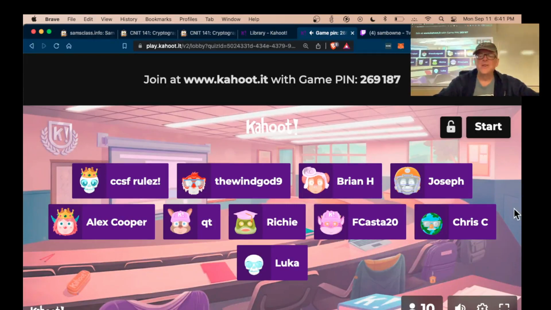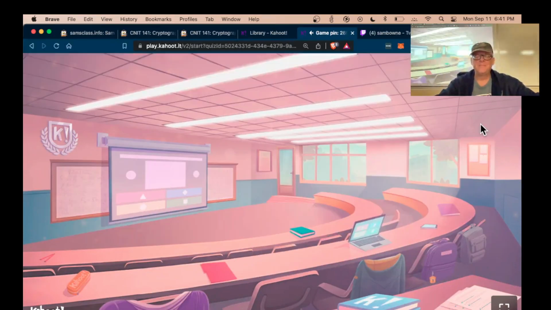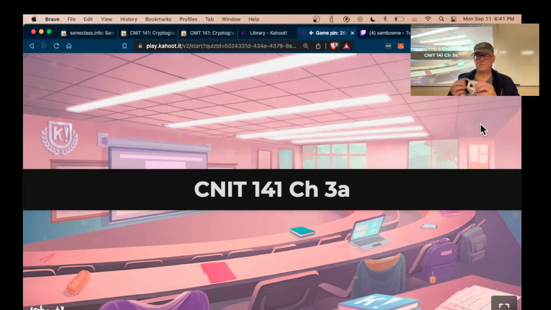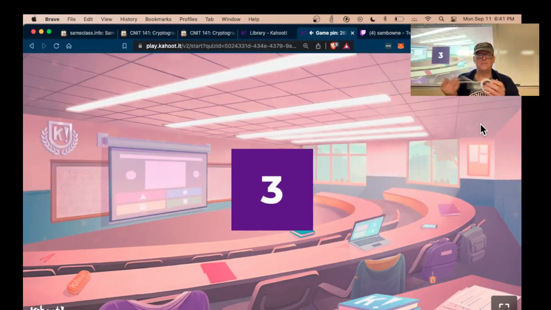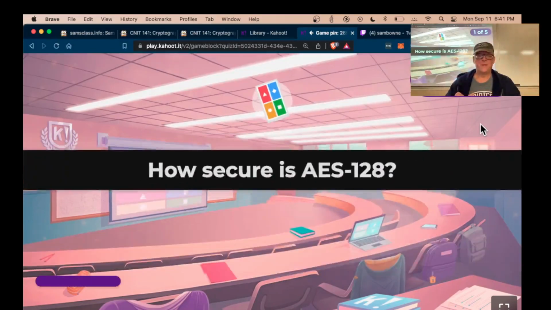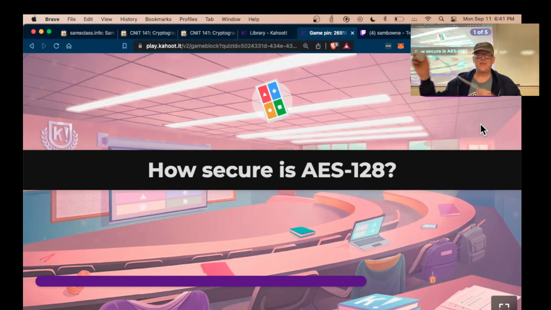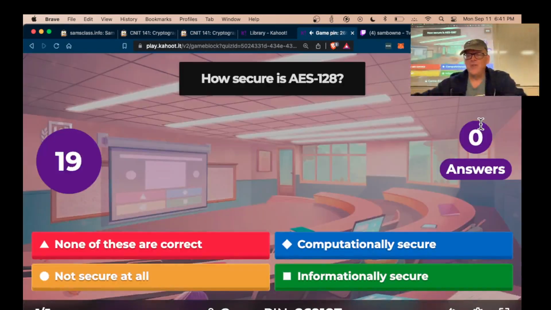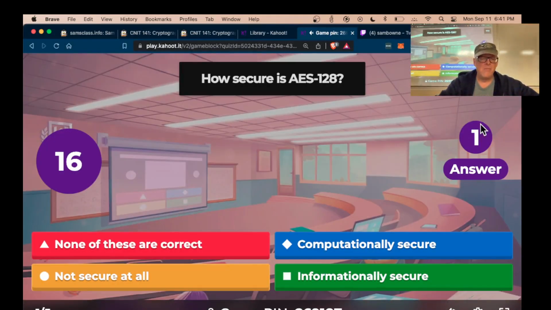All right, let's give it a shot. All right, so how secure is AES 128, which is the main cipher most people use for everything these days?